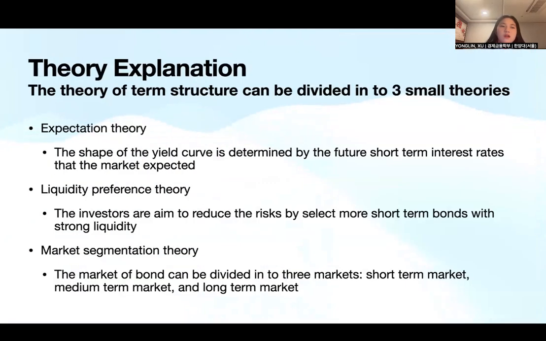And then is the theory explanation. This theory can be divided into three smaller theories, and I'm going to explain them one by one. The first one is called the expectation theory, which means that the shape of the yield curve is determined by the future short-term interest rates that the market expects.